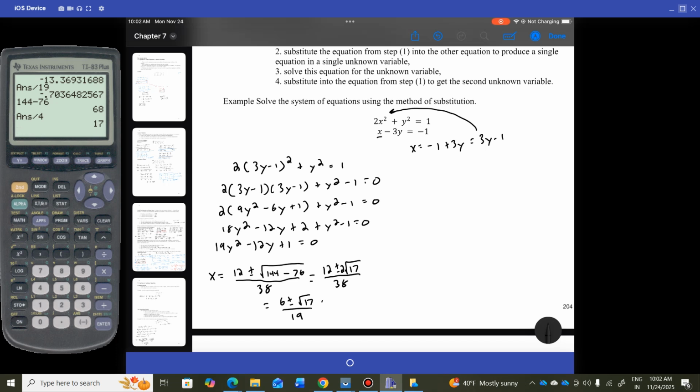And so these have two possible values. 6 plus the square root of 17, and then the whole thing divided by 19, which is 0.533, and then 6 minus the square root of 17 divided by 19, which is 0.099.